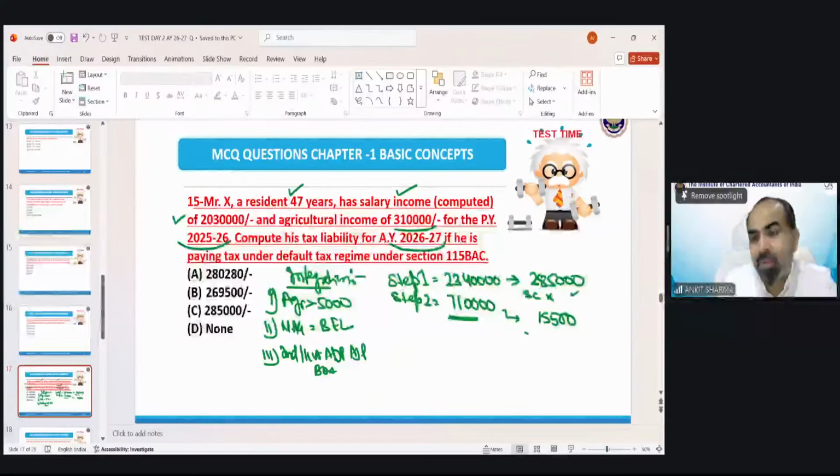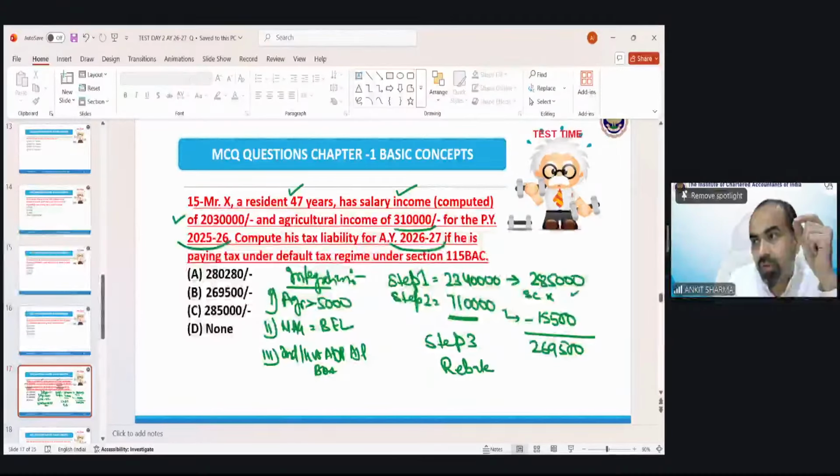So that was step number 1, step number 2. Now step number 3. The difference we need to calculate, that is 269,500. Now what comes? Rebate. Now on the basis of non-agricultural income, we have to find out whether rebate is applicable or not.